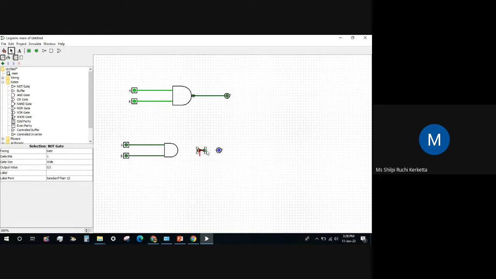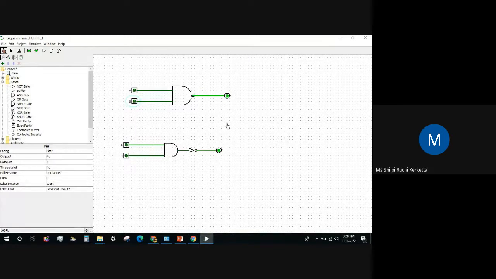So both circuits should work in a similar manner.